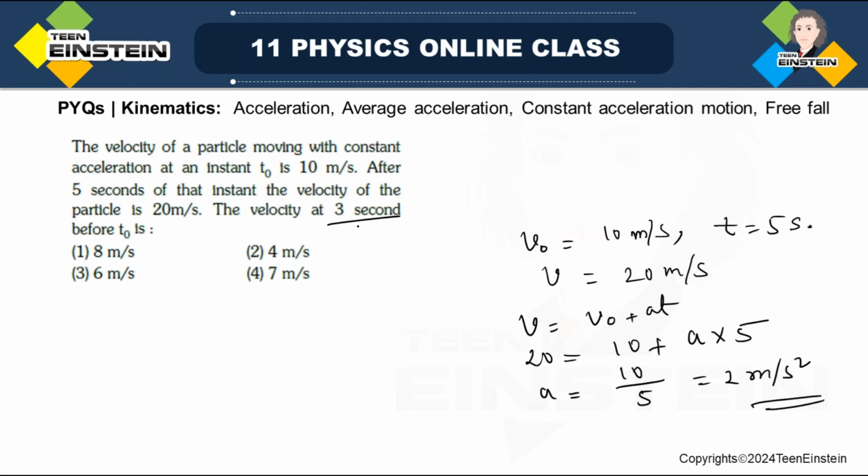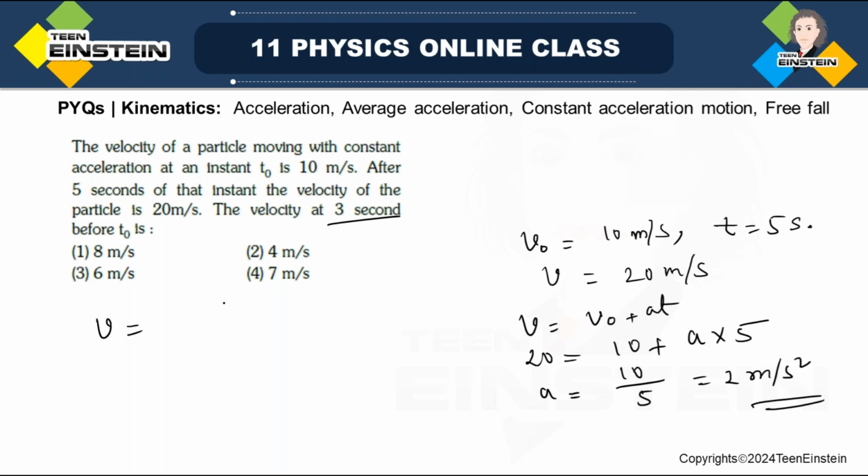Now in 3 seconds, how much distance it can travel, I can find out. How much velocity it could have, I can find out, isn't it? So what is the velocity? See, initially it was at rest.